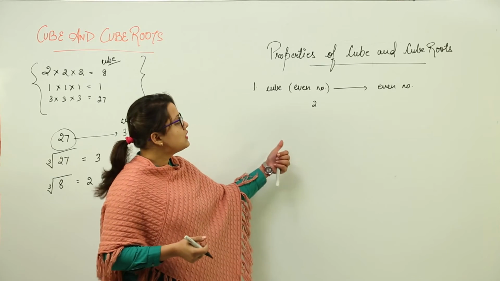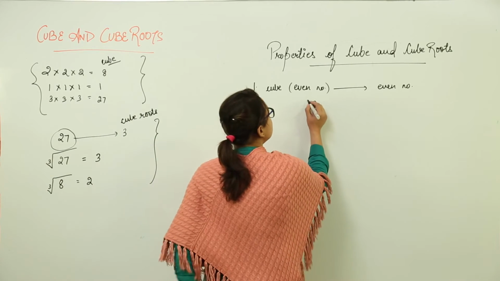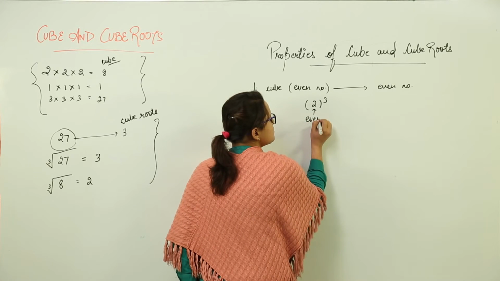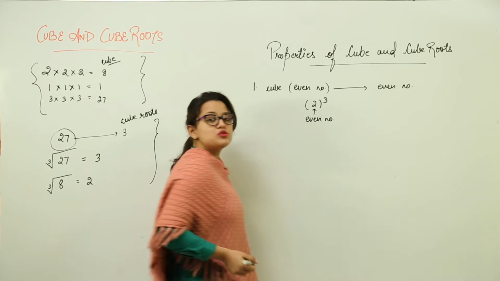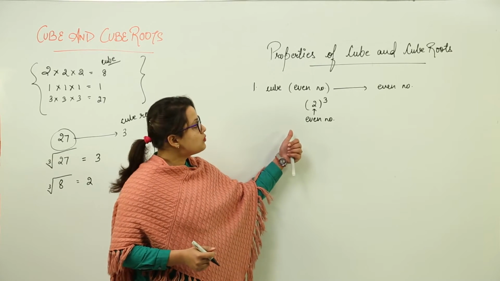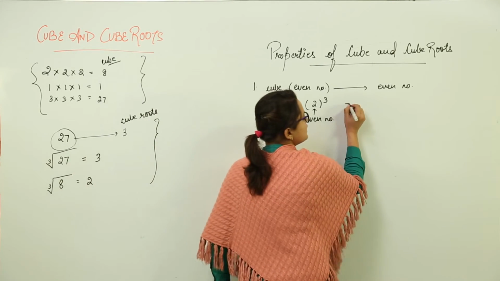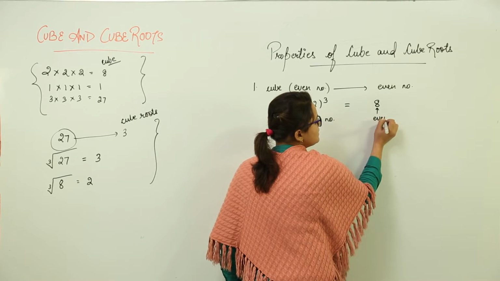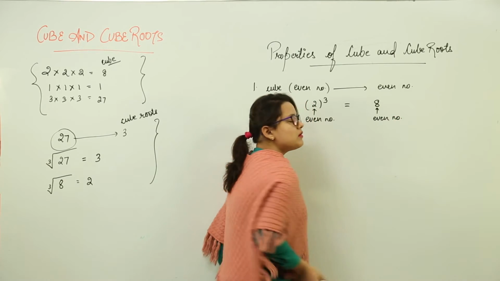Now what was the cube of 2? 2 is my even number. Even numbers mean those numbers that are divisible by 2. So I have taken one even number, that is 2. The cube of 2 would give me what? It gives me 8. Now you can see 8 is also divisible by 2. That means 8 is also an even number.